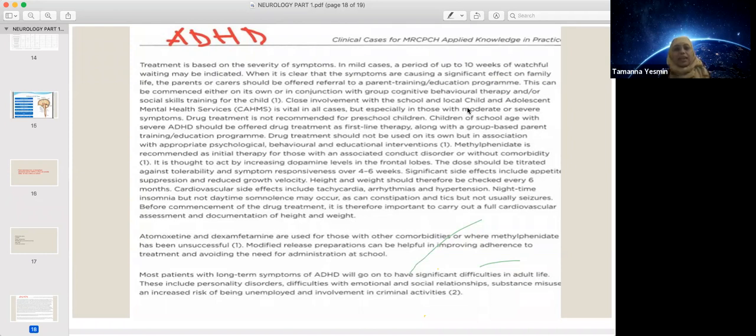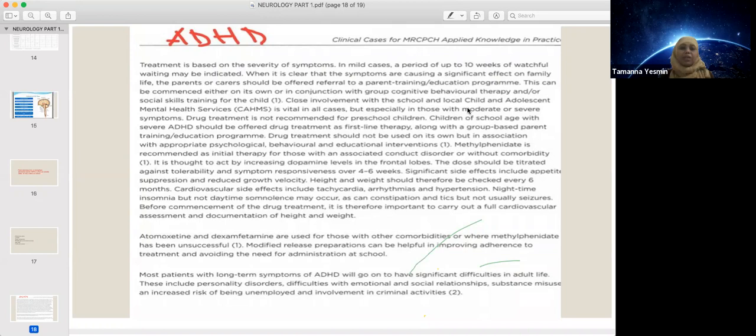If then the child's symptoms are not resolving, we refer the child to the mental health services, that is called CAMHS, Child and Adolescent Mental Health Services. It is vital for all the cases of ADHD. Remember, this kind of question will come and it seems very easy, but during exam stress, it becomes a very difficult question.